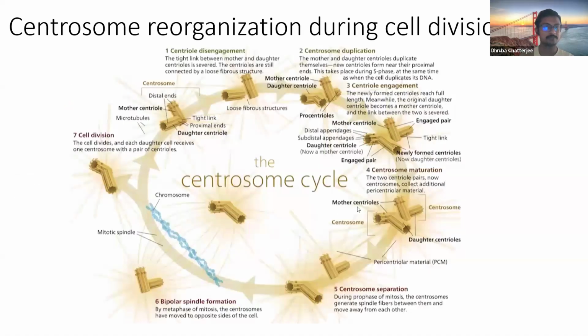Yeah. So during cell division, especially mitotic or equational cell division, you need to ensure that you are dividing each component of the cell equally. So you need to duplicate several contents of the cell for eventually getting two daughter cells with equal contents, right?